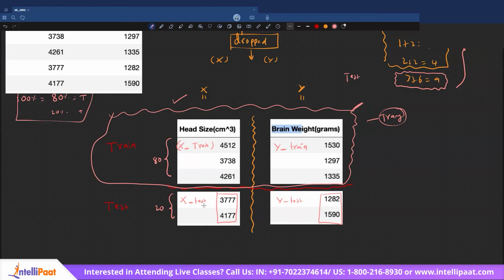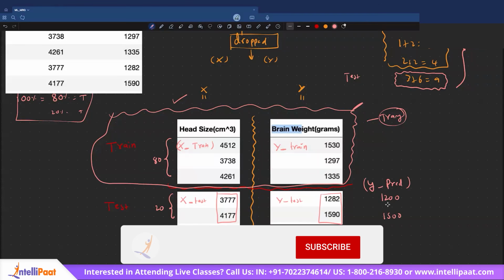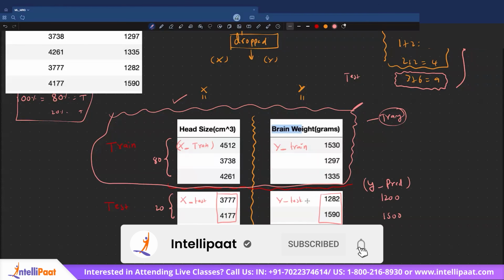If I give the value of X test, it will give me some Y value, no? That Y value is called the Y predicted value because this prediction is actually from the machine learning model. But the prediction is 1200 grams, 1500 grams. This is the prediction of the model. But don't we have the real value, the actual value in the data set, which is the Y test value?